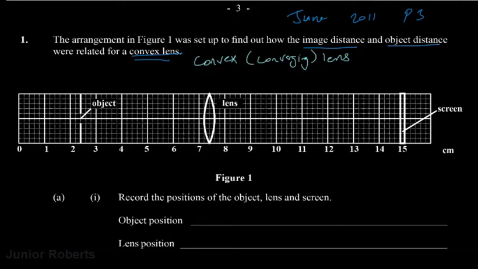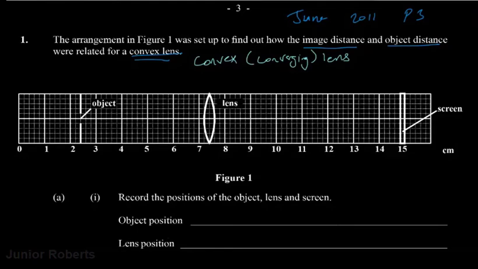Anybody? All right, to meet at a point. Very good. So to converge simply means to meet at a point. In other words, it's like things coming together, so to speak. A converging lens works to allow light rays to come to a point.